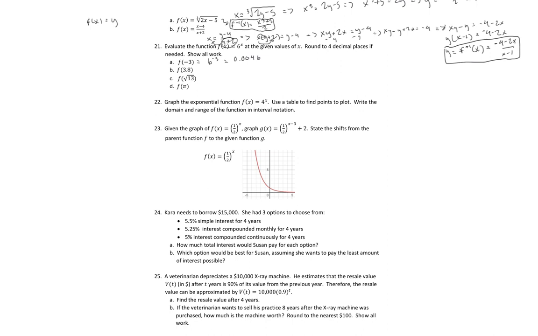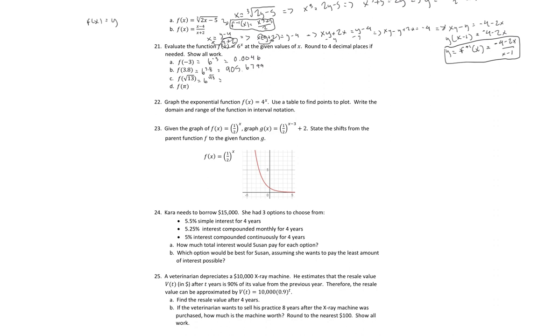And then for f of 3.8, that's going to be equal to 6 to the 3.8 power, which I get 905.6799. Then if we do f of radical 13, that's going to be equal to 6 to the radical 13, right?